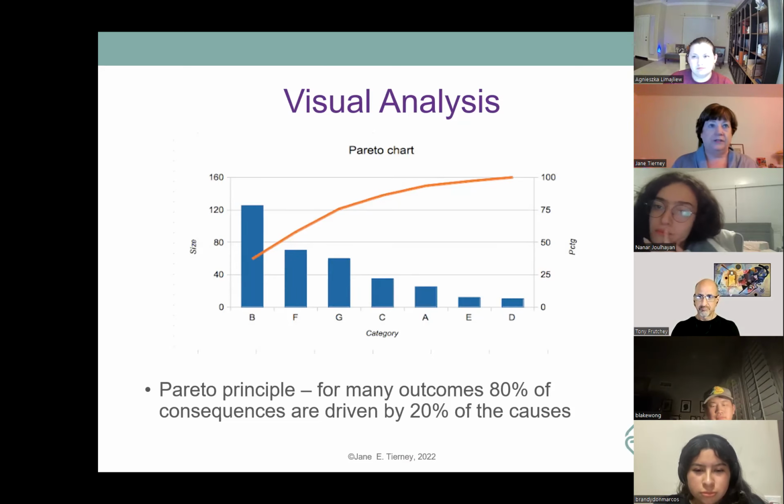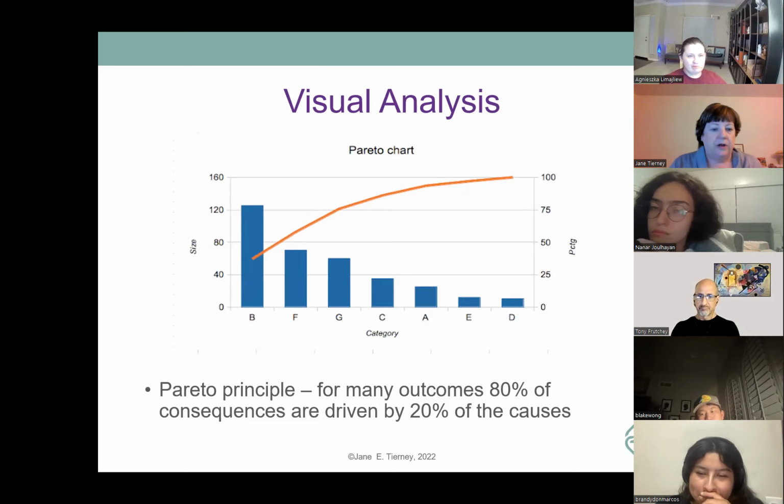You don't have to force it. Many things have normal distributions. The Pareto principle says the biggest chunk of things is often 80% of the outcomes, and then that's driven by 20% of the causes.